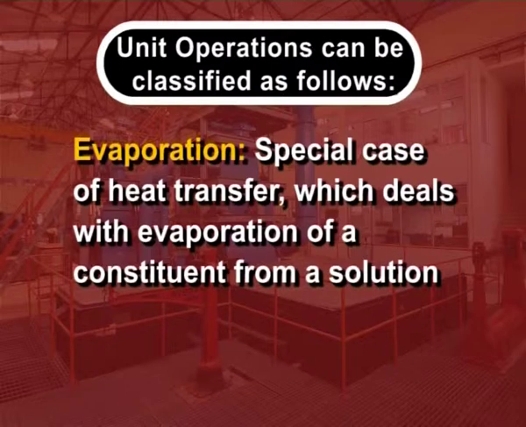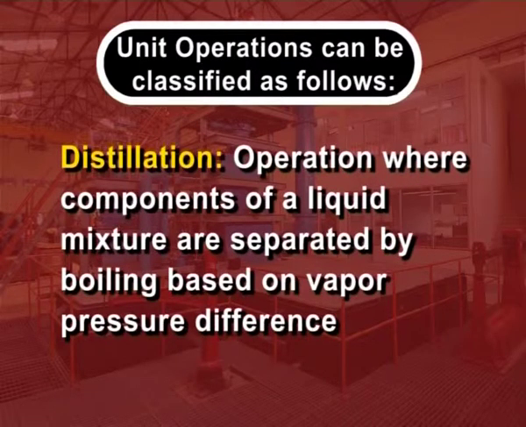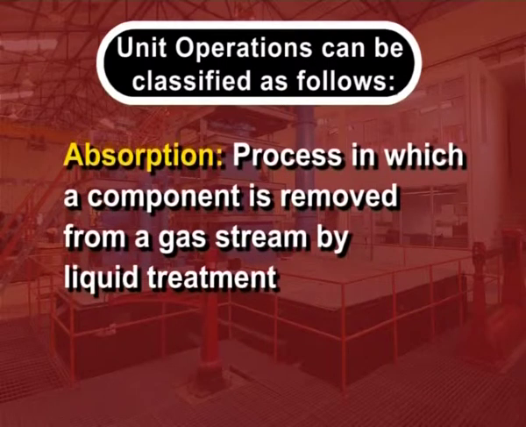Evaporation, a special case of heat transfer which deals with evaporation of constituent from a solution. Drying, operation where volatile liquids, usually water, are removed from solid materials. Distillation, operation where components of a liquid mixture are separated by boiling based on vapor pressure difference.